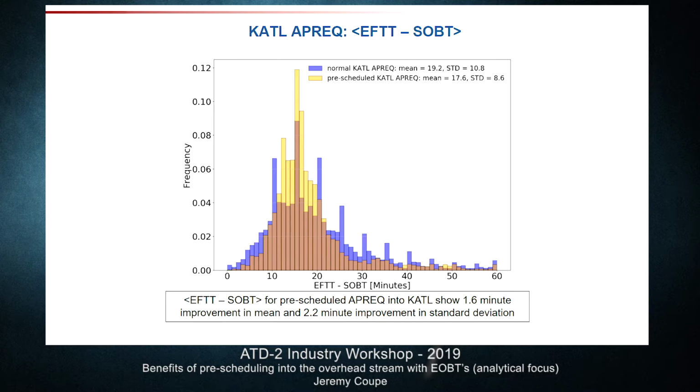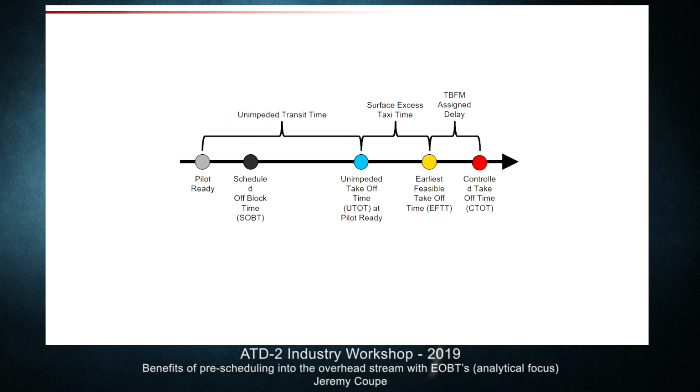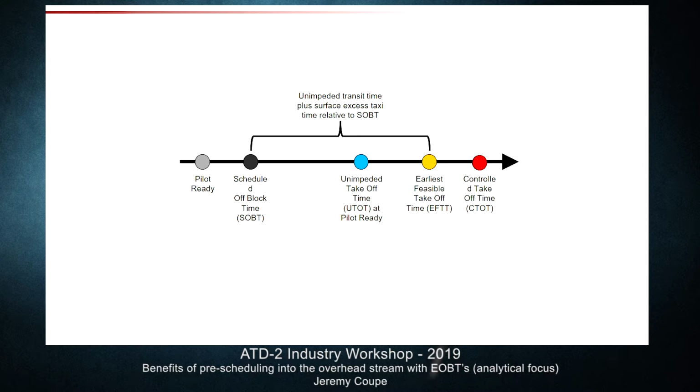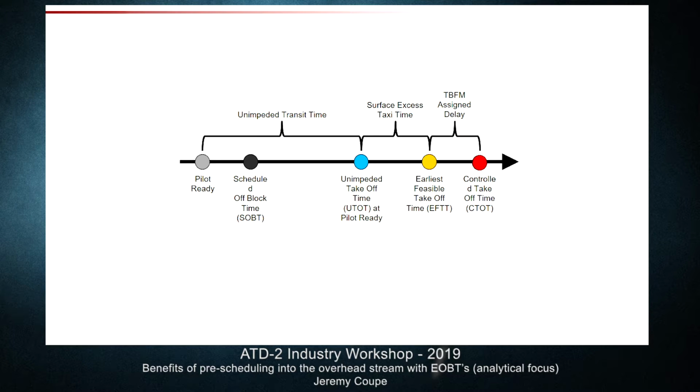And you could say, okay, in your high fidelity metrics we saw a 4-minute improvement in the standard deviation. How come we're only seeing essentially a 2-minute improvement here? I would say that final component is explained by the fact that we're benchmarking this metric off of an SOBT, whereas the high fidelity total delay metric is benchmarked against the unimpeded takeoff time, which goes back to the pilot ready time.